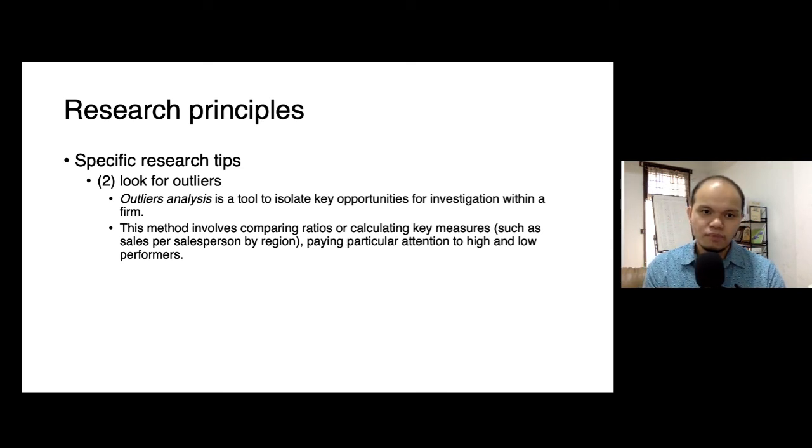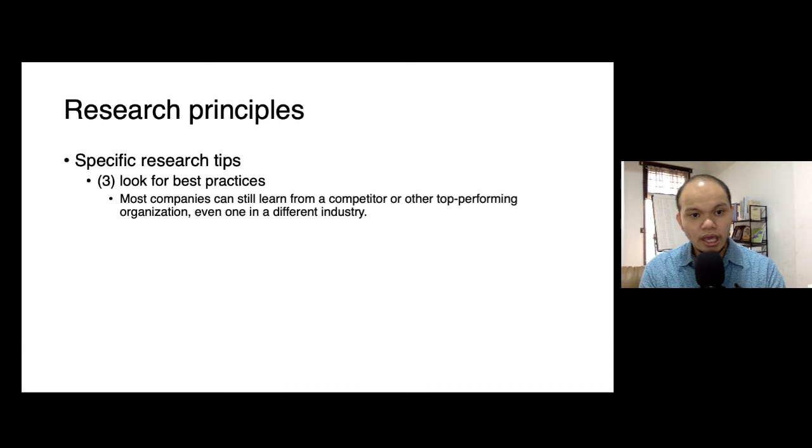Normally these are things that you look out for. And also looking for best practices within the organization. Most companies can still learn from a competitor or other top performing organization, even ones that are outside of the industry.